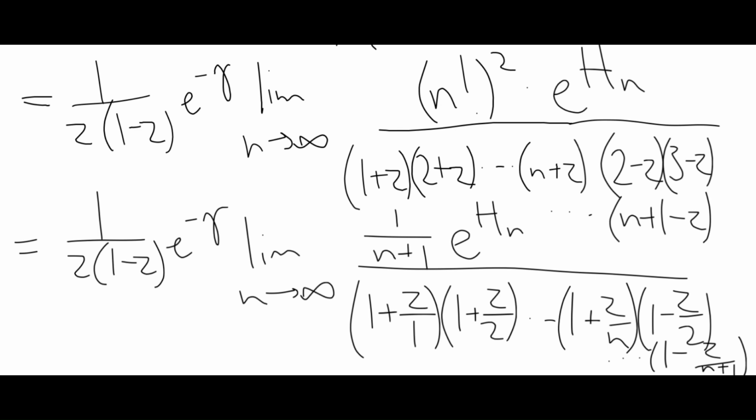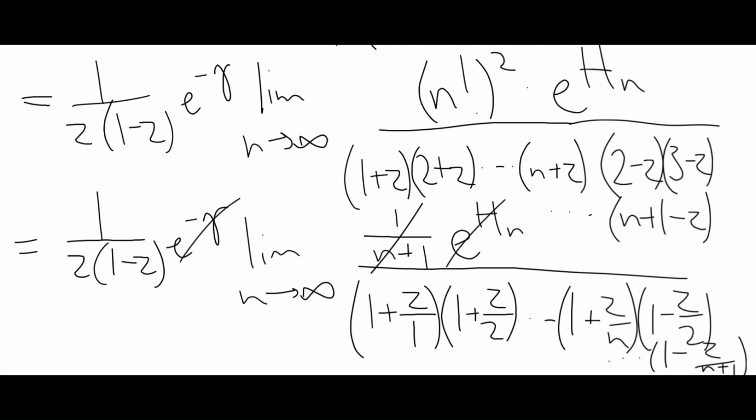Now remember, the harmonic numbers behave like log n plus the Euler-Mascheroni constant. So when we exponentiate, the 1 over n plus 1 cancels with the log n in the exponent here, and the e to the minus gamma goes away from the gamma in the exponent.